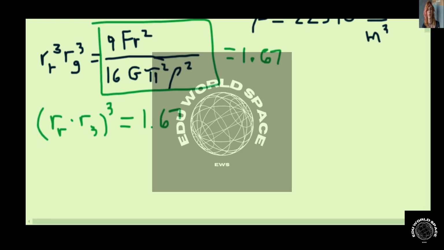So let me go ahead and do that. That gives me that R red times R g is 1.19.